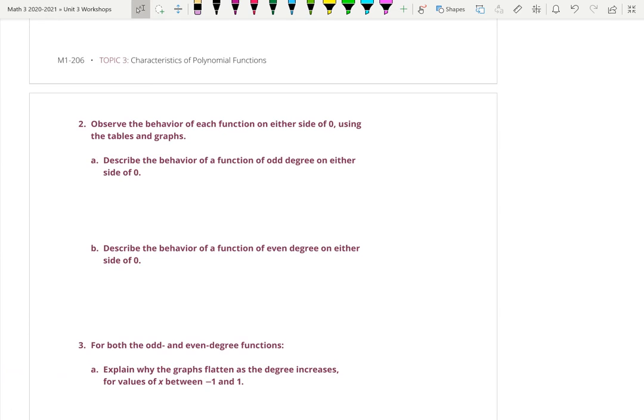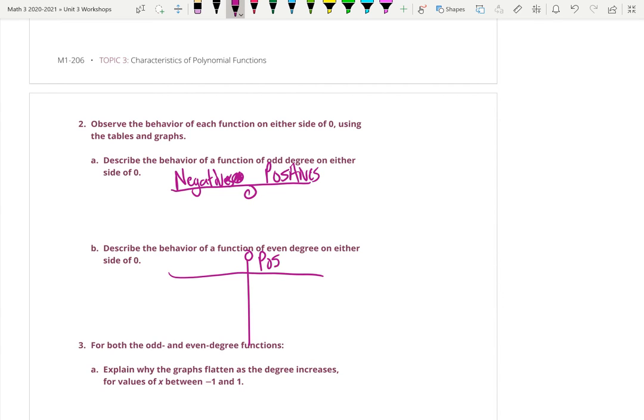Now I want us to observe the behavior of each graph on either side of 0. Now this syntax might be a little different, but think about it: 0, on the left side are negatives, on the right side are positives. Same thing here. We're going to have to look at even and odd and see if we can draw some conclusions.